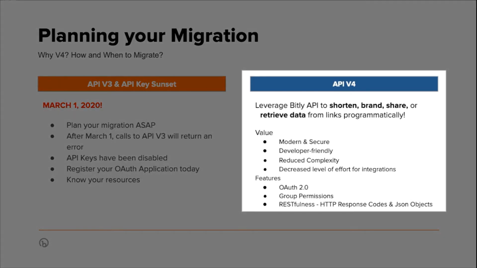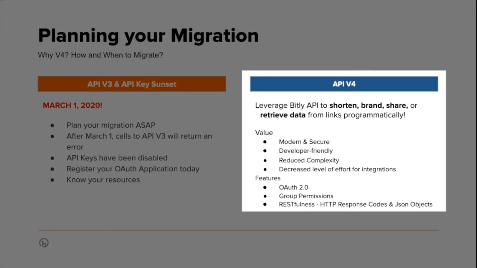So just a little bit of background, how do people use our API today? It's leveraged to shorten, brand, share, and retrieve data from links programmatically. Many of our customers access our functionality via our API, and we're embedded in several platforms to get the most out of Bitly. But why V4?